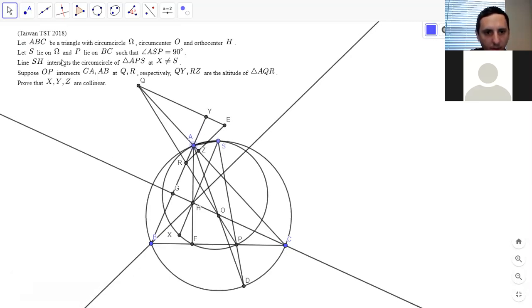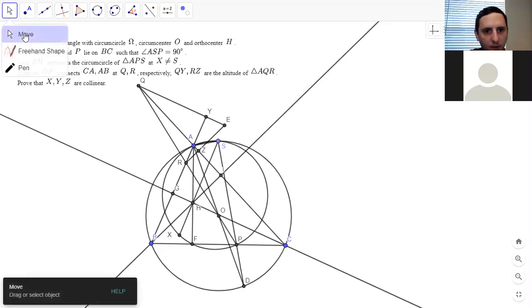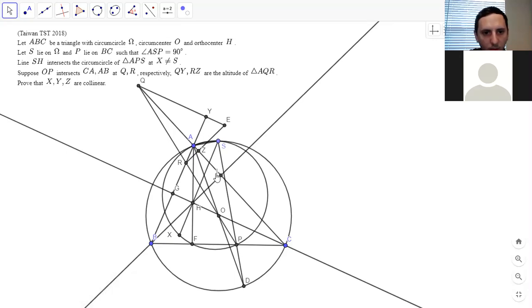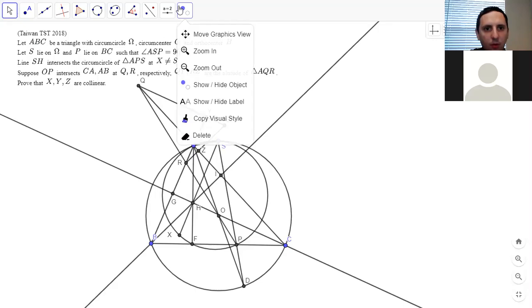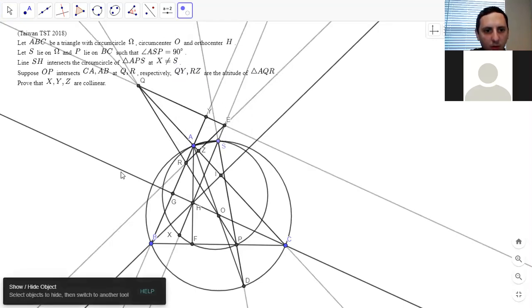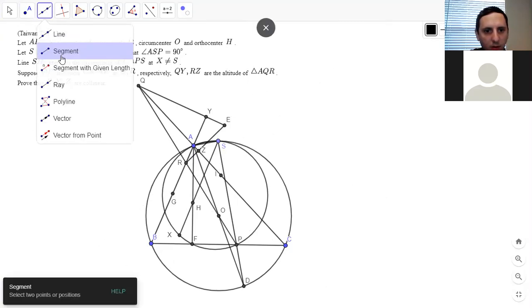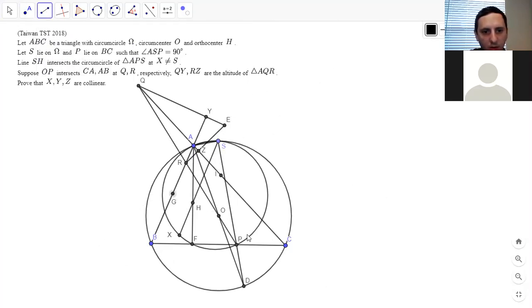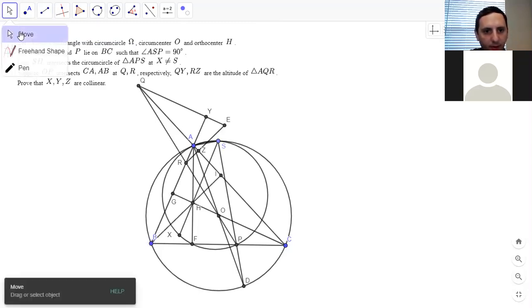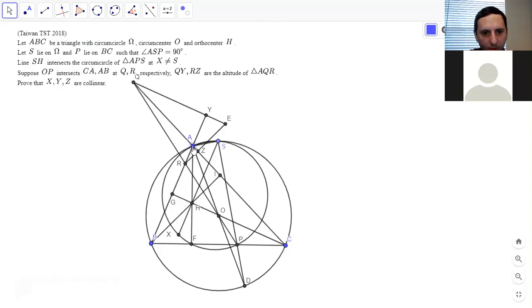Move things a little bit just to add this other point. Hide that. Oh, that almost looks like it passes through O. But yeah, there's so many points in this figure that it's hard to make everything clear.